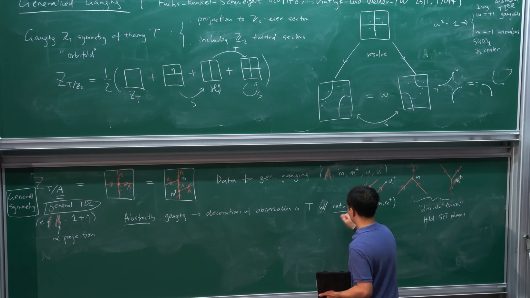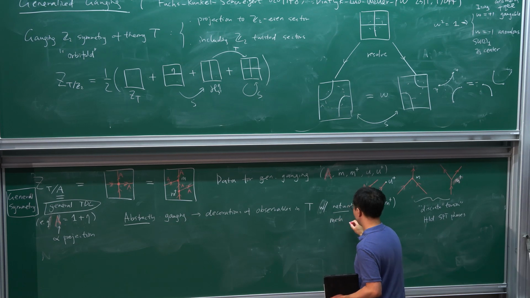And you want this network to be a mesh of A that's fine enough.